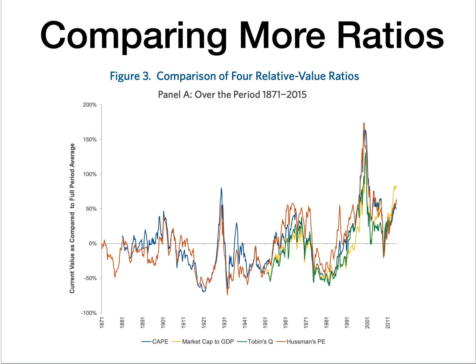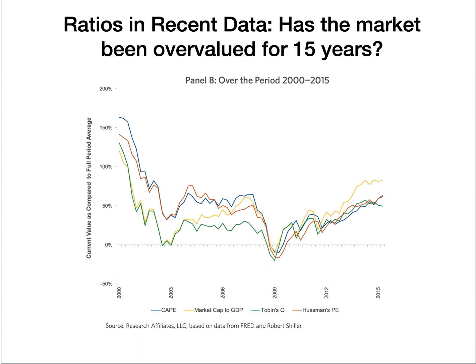And if we zoom in on the last 20 years, it's as if we've had, I say here 15 years, but more relevant, it seems almost 20 years has the stock market been overvalued.